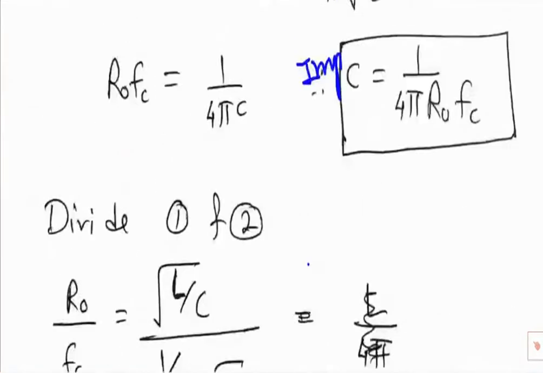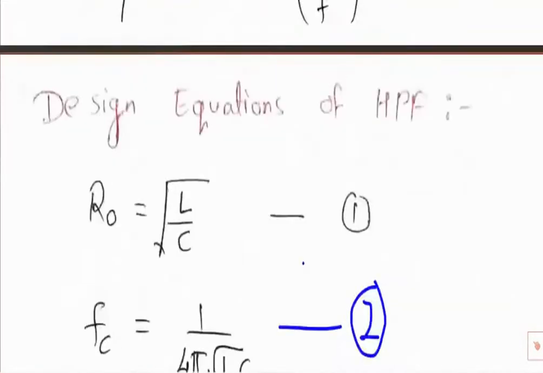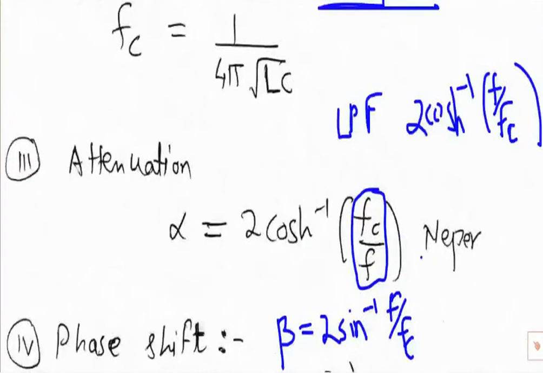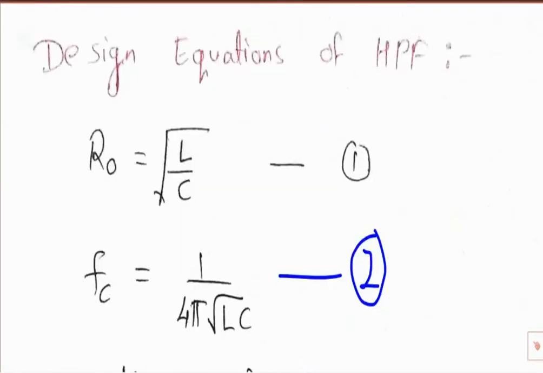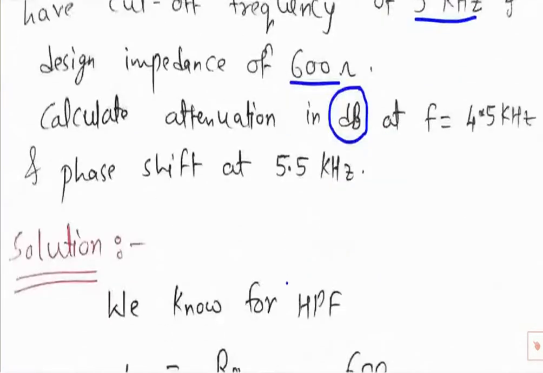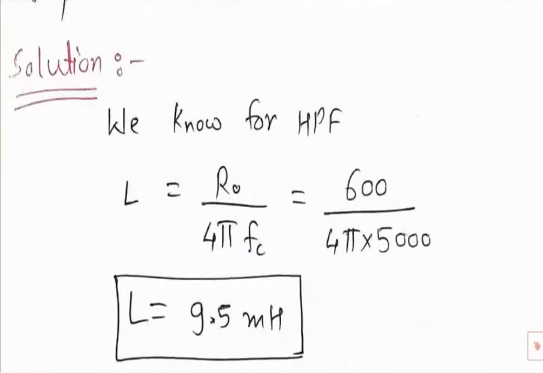If I use this formula for attenuation, 2 cosh inverse Fc by F, I will get the value in Nepper. So I have to use the conversion formula from Nepper to dB. Okay, the formula for L is R naught upon 4 pi Fc.